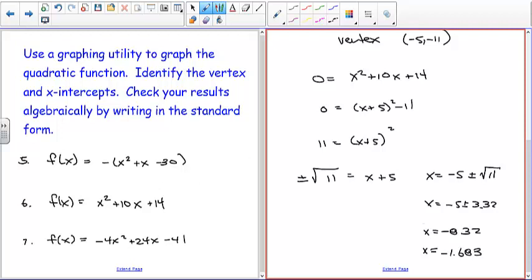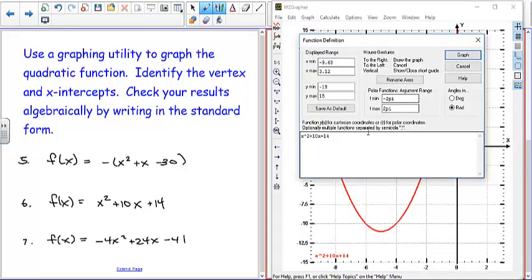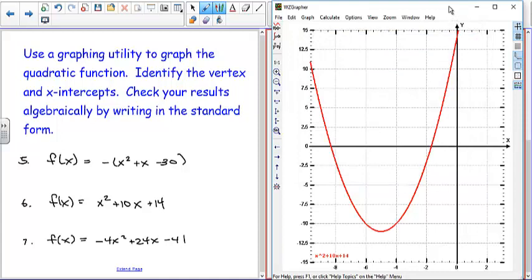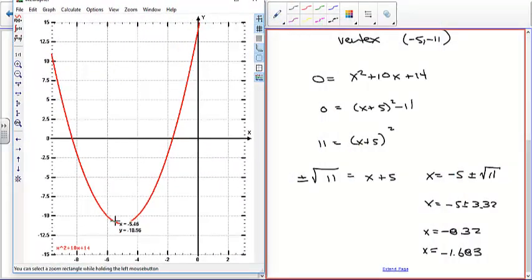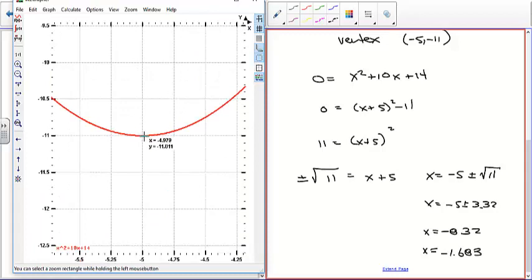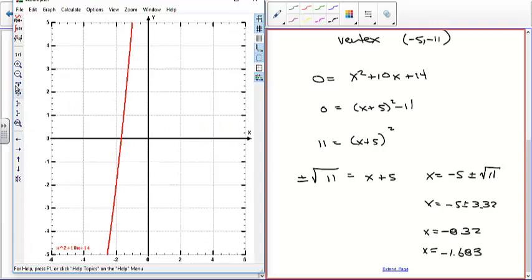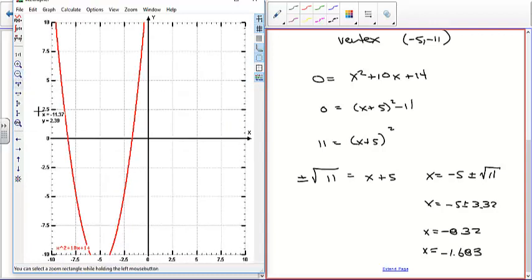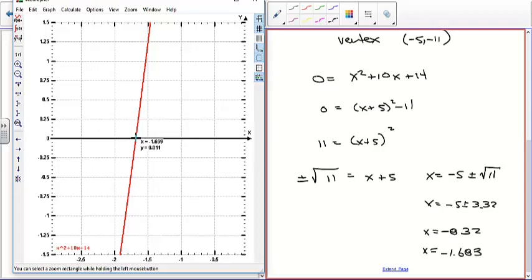Okay, so let's pull the graph out that we just did. I've already graphed that. So you can see the vertex, if we go back here, is at negative 5 x, negative 11 y. So that's good. I'm going to zoom out again here. The x-intercepts, let's zoom in on that one.